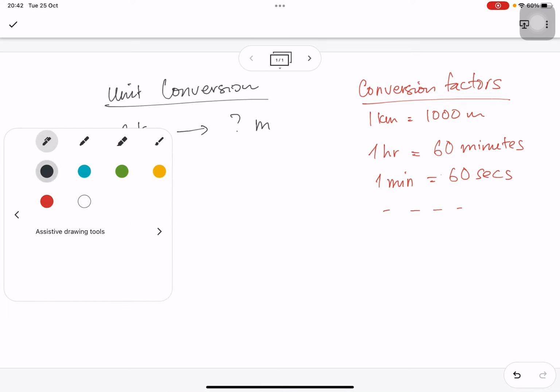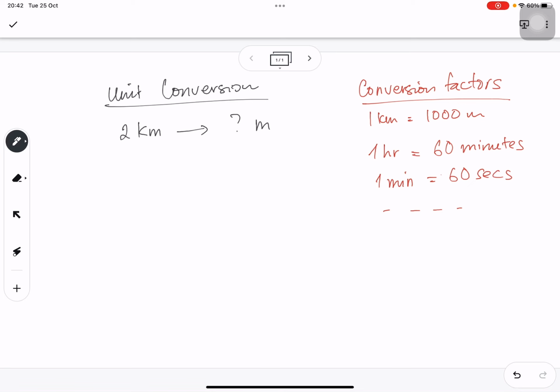And then there are other conversion factors like pounds, kilograms and ounces. Of course, we are using the metric system, so those units are not very familiar, but you have all of these conversion factors at the back of your book.